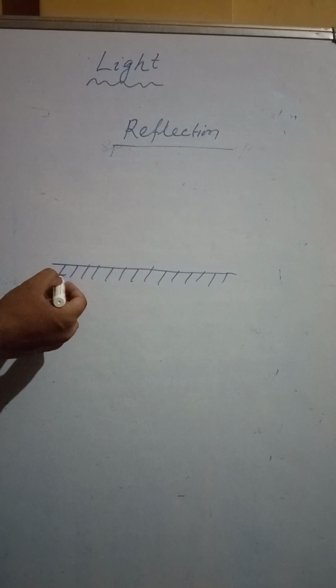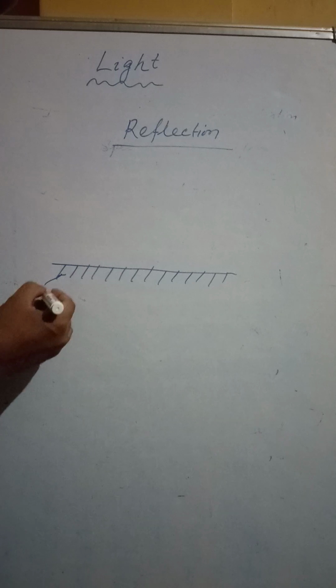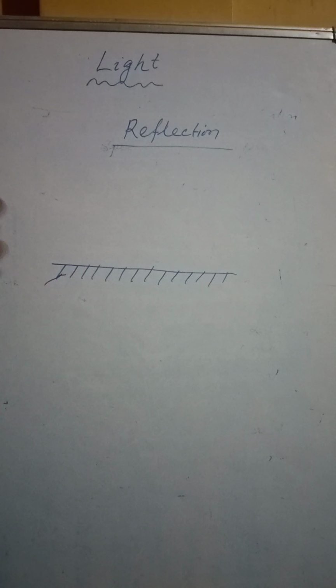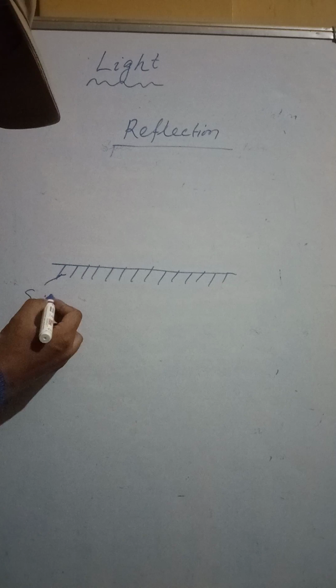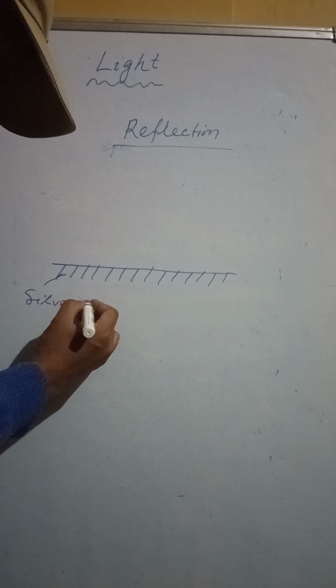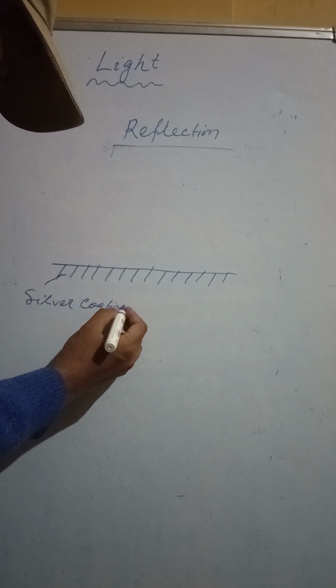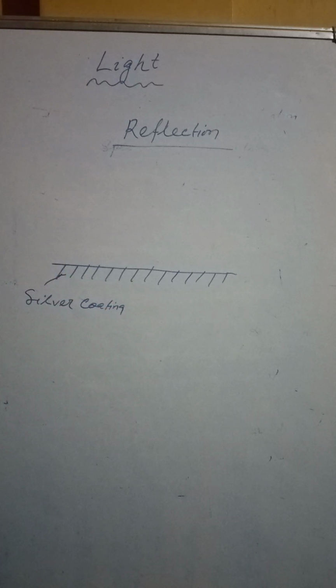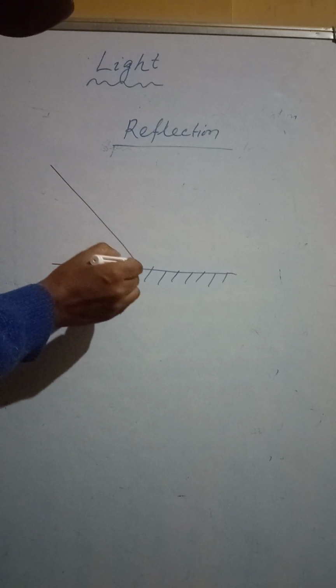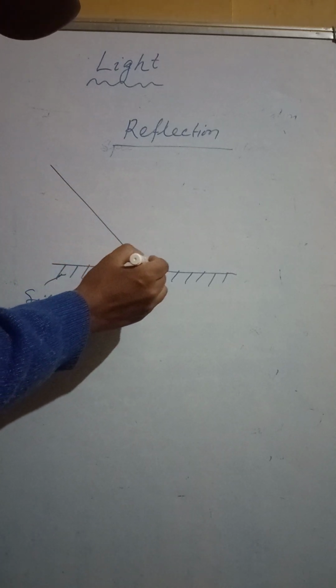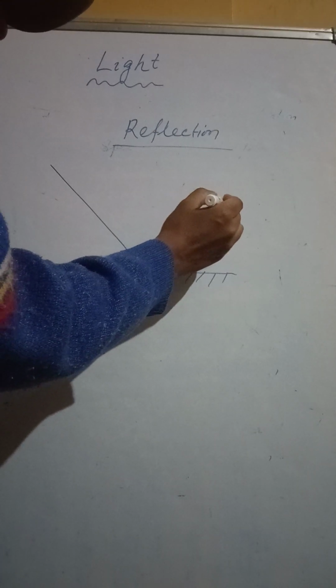This is a silver coating, and on the silver coating you will see some red color paint is coated, in some mirrors. So if a light falls on the mirror, it will be reflected in this direction.